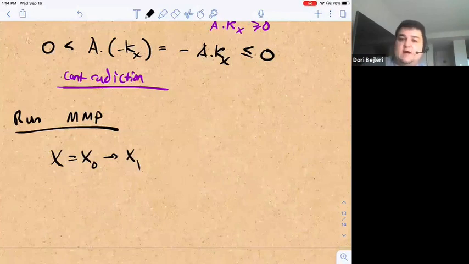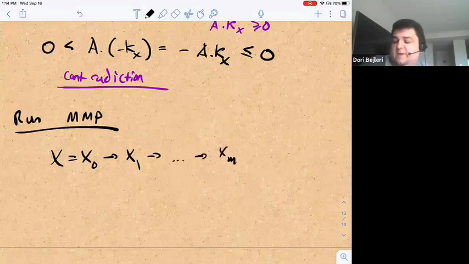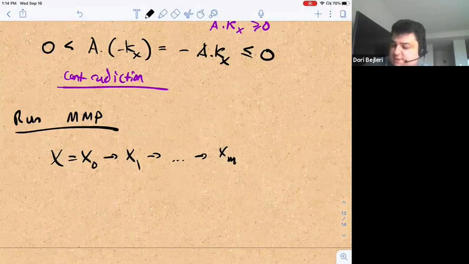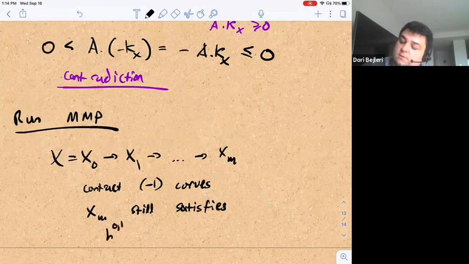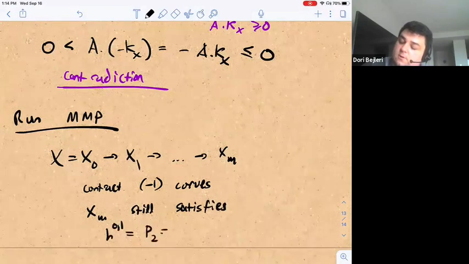So KX is still not nef. So this tells us that we can keep contracting -1 curves until we get a minimal surface. Maybe X is already minimal, maybe X0 is XM, but either way we can contract -1 curves. And so XM still satisfies the same numerical conditions, because these are smooth and birational.